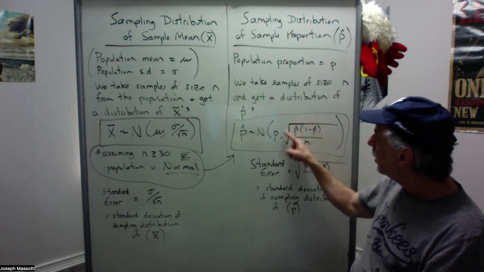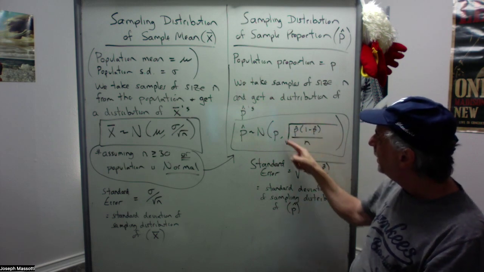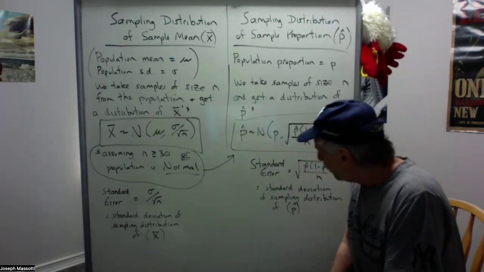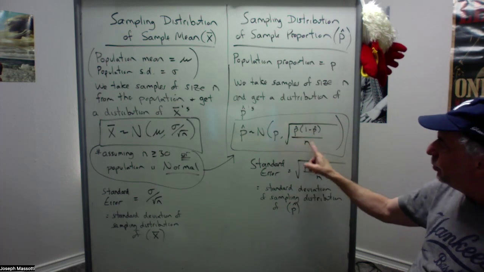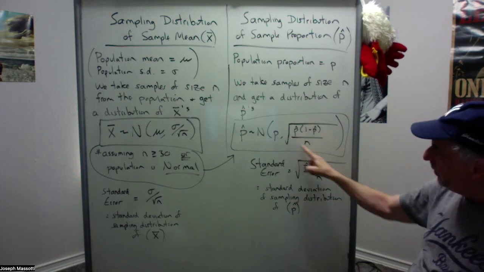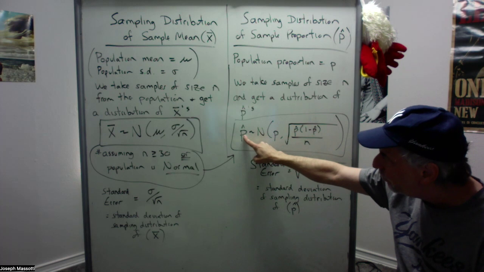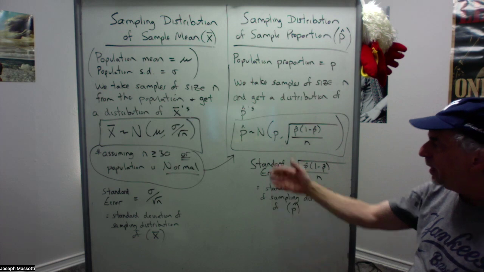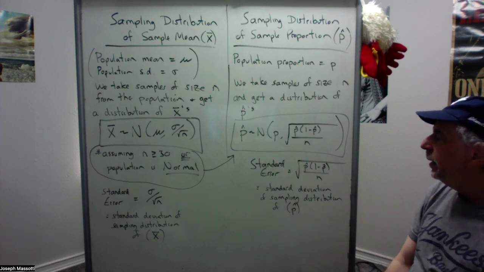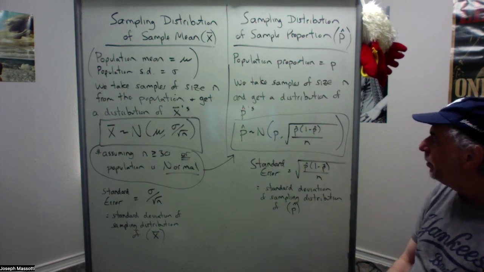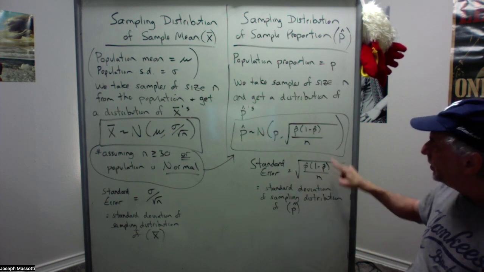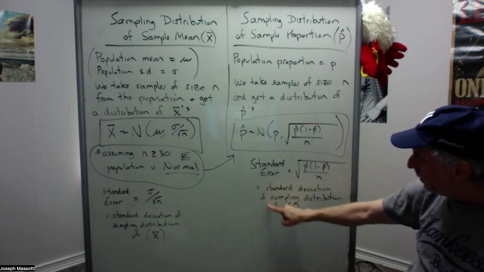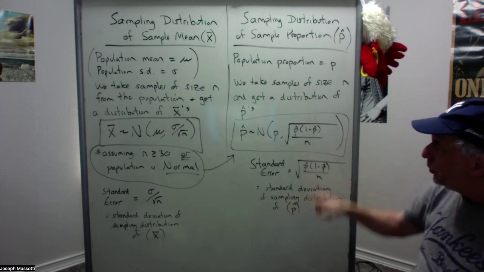And now the standard error of the distribution is this somewhat more complicated formula than for means, but no problem there. Standard error of this distribution is the standard deviation of the distribution of sample proportions. Okay? So same idea, we need the central limit theorem to apply here, and the standard error is the standard deviation of that sampling distribution, the sampling distribution of p hat.